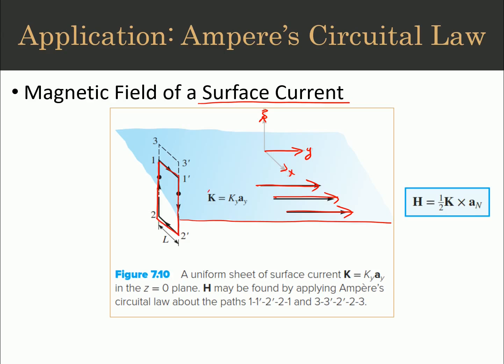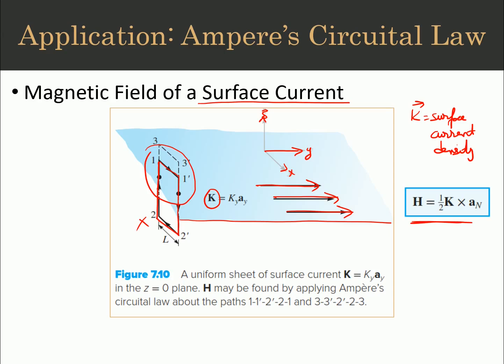Now what is K? We saw earlier that K is the surface current density. Whenever we are dealing with surface currents or current density on a surface, we represent it with K rather than the current density J. We can see that the magnetic field is only appearing on the top side of the surface, not on the bottom. So our magnetic field will be represented by half K cross the normal unit vector.